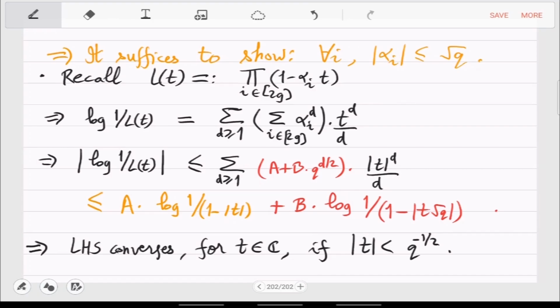So as long as you take t to be less than 1 over square root q, you can see that both these summands will converge, and so log of 1 over LT will converge. This is just done to rule out the poles of the L function. So this means that the poles are outside this range.